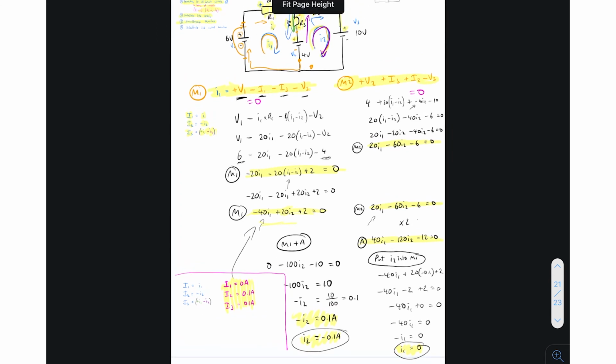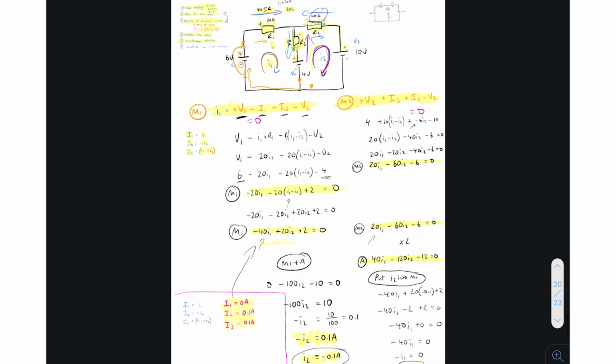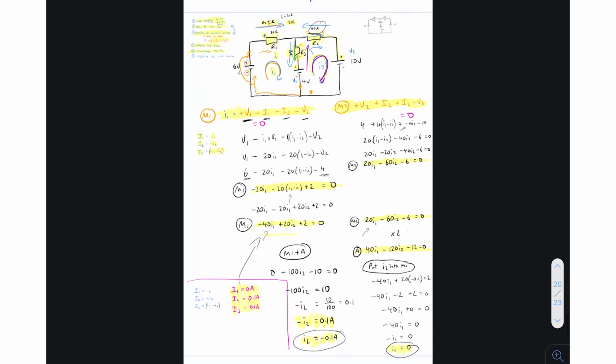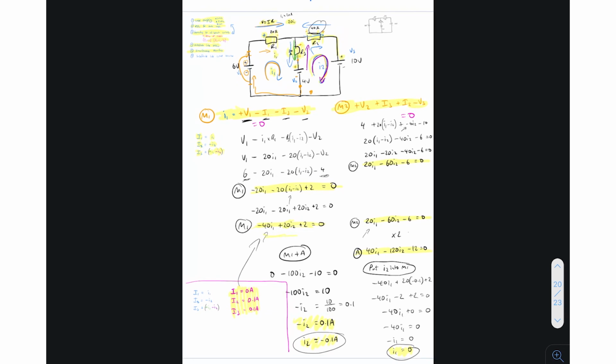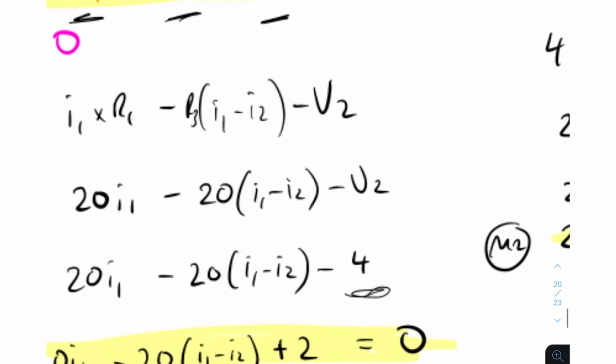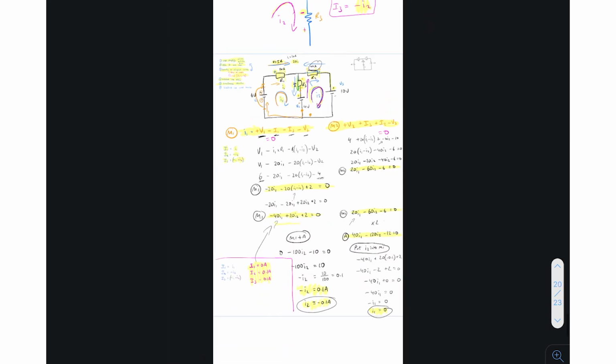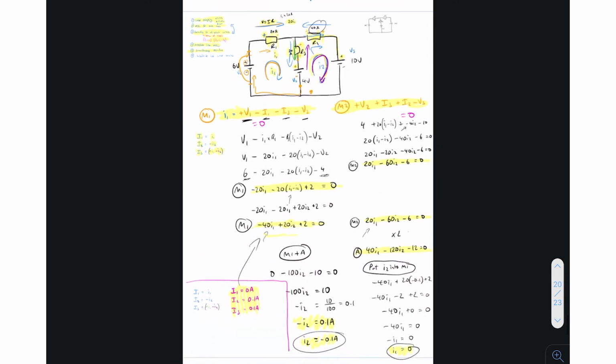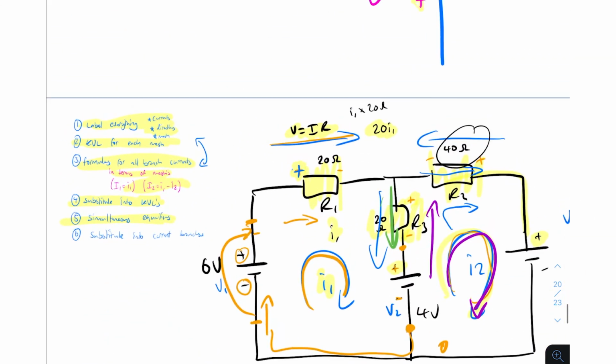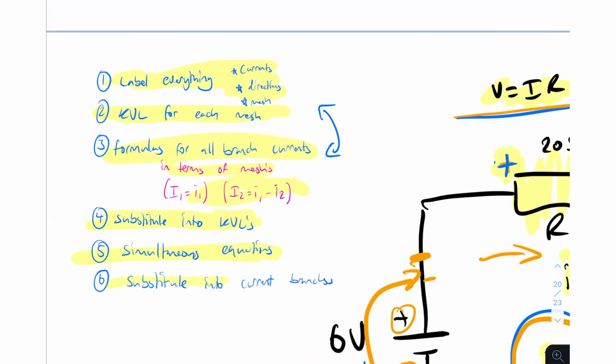There's a fair amount of work to do, but the thing to know is that as long as you understand the method, then when you're making mistakes, when you mismultiply something, you can always go back and correct it. The most important thing is that you understand the method, that you keep in mind these 6 points. As long as you're doing these, both for nodal and mesh, you'll be fine.